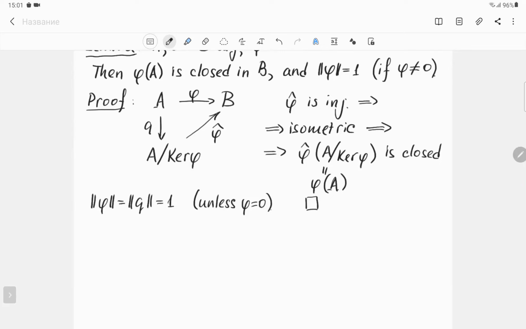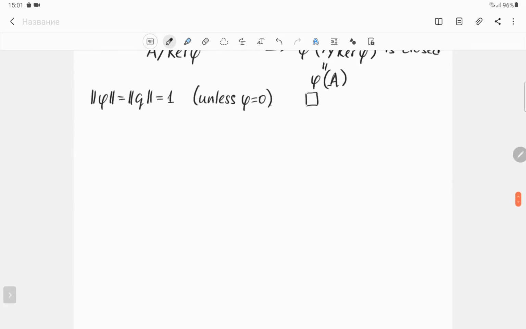So now we come back to tensor products, and we have one more corollary 4.